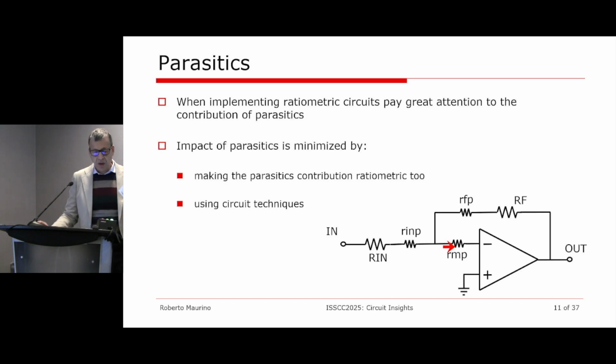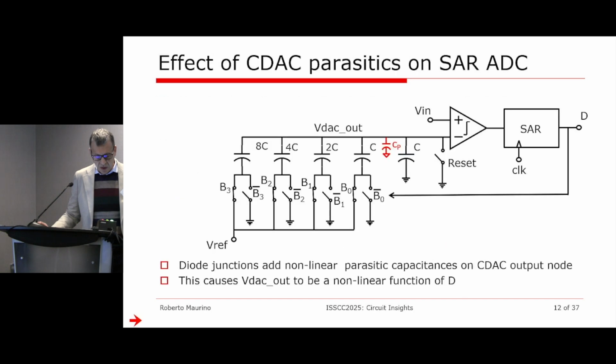So let's look at, I guess, maybe a more interesting example of how to make parasitic negligible in the case of a CDAC-based SAR converter. So if we take the one that we've been looking at, and we consider this node, what we'll find in practice is that we have nonlinear capacitances hanging on that node.